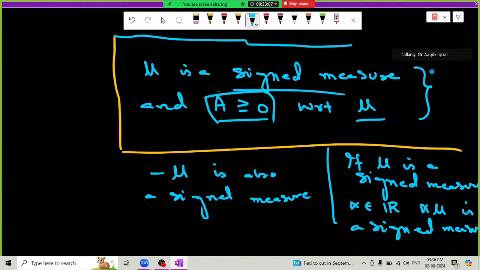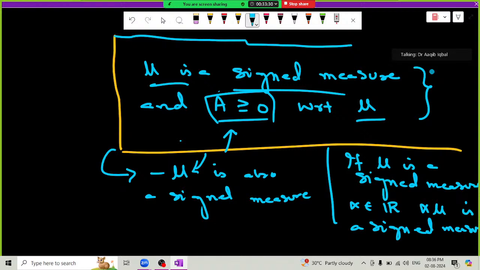Now A is positive with respect to mu. How will this A be related to minus mu? With respect to mu, I know that A is a positive set. Now my question to you is, what would be its relation with minus mu?